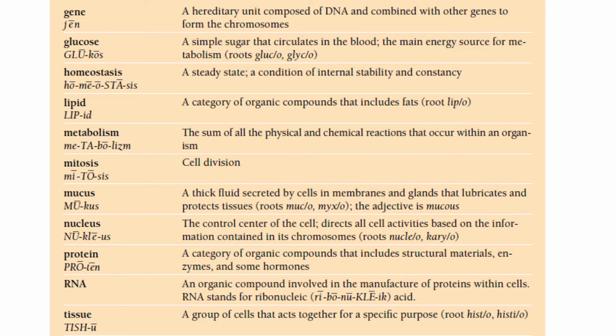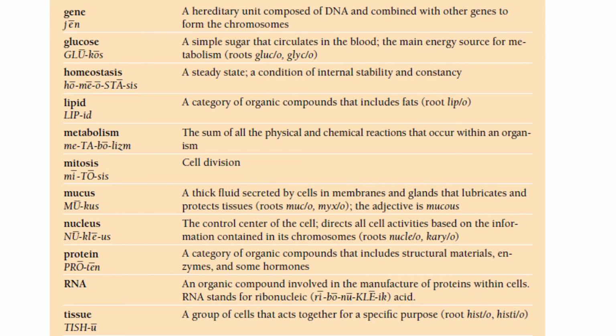Next, we have protein. Protein is another organic compound found in our body that includes structural material, enzymes, and hormones. It is made of amino acids. Next, we have RNA.